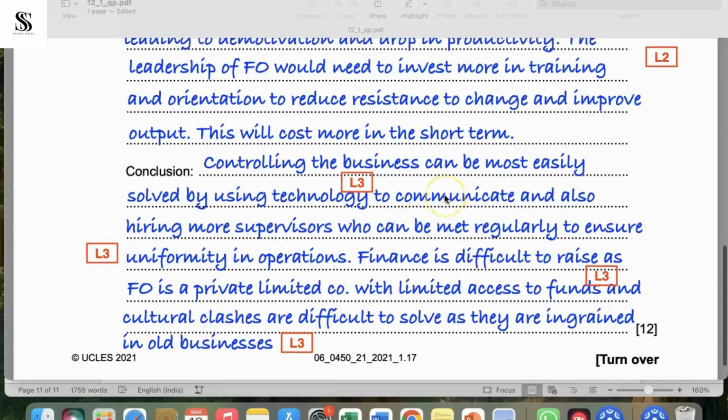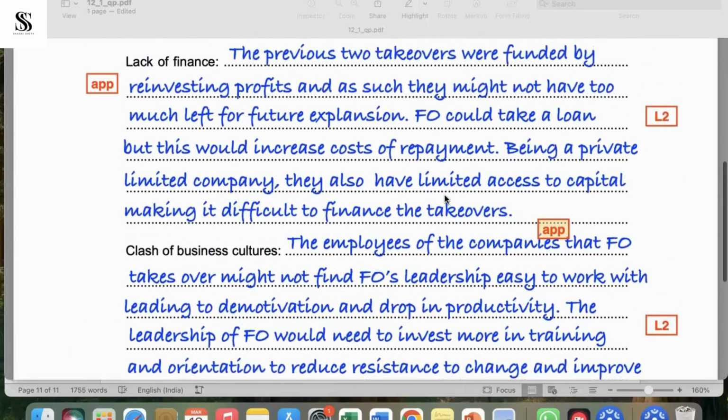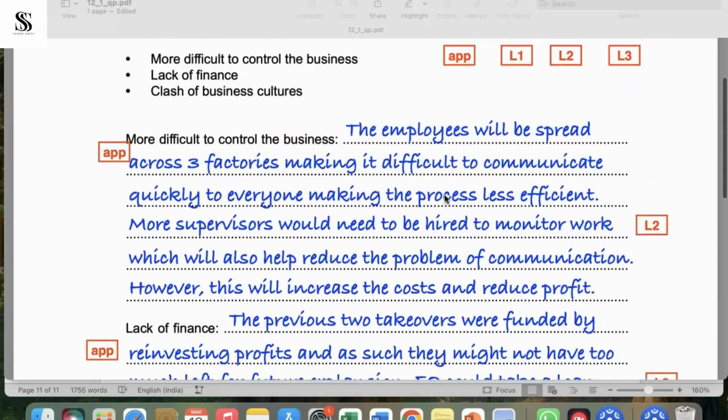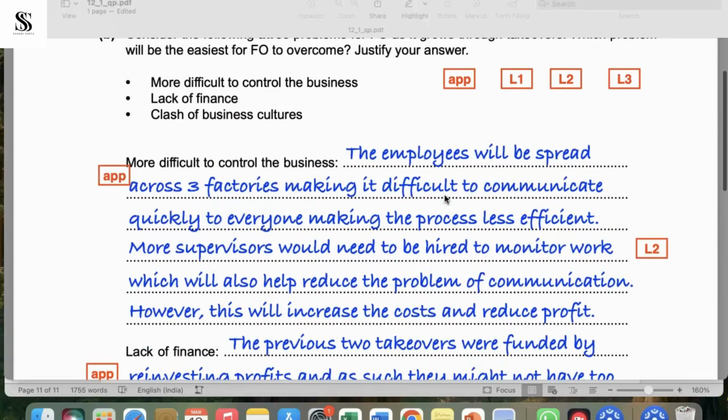Now, before we go to the next example, I have mentioned L1 and L2. What would have been an L1 here? All these statements that I have put here have been well explained, so all qualify for L2 marks. Now look at this. If I had, let's say, just left this at "more supervisors would need to be hired" and not gone ahead to explain how that would help, that would have earned just an L1 mark.